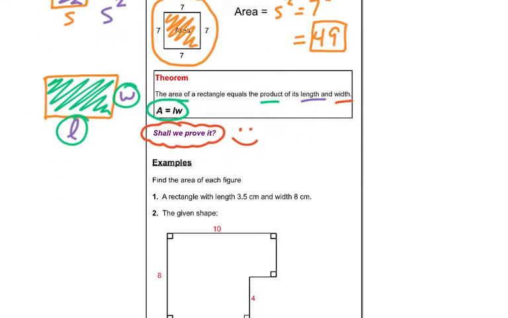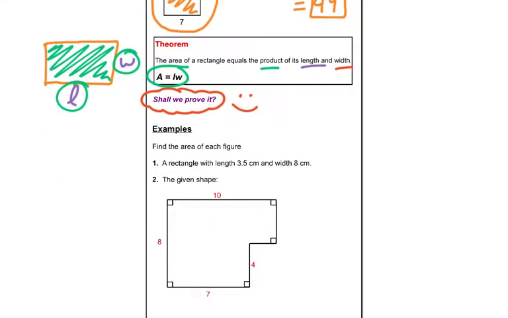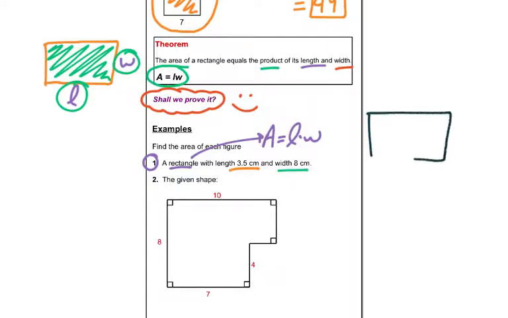How about some examples? First of all, can we find the area of each figure? Number 1, I just want to know the area of a rectangle. Already in your brain you think, okay, area of a rectangle is length times width. The length here is 3.5 centimeters, and the width is 8. If you need to draw it, go ahead so you can visualize it, but if you don't need to, you can just go right for the jugular and find the area.